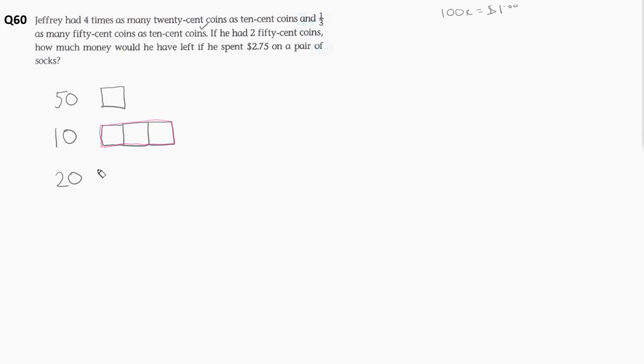Okay, so I'm going to have to draw quite a few here. So it might make it easier for me if I do it like this. 1, 2, 3, and 4. And then I need to split them all up like this.